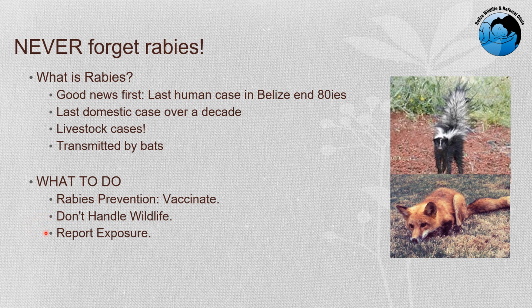If you have any exposure with any suspected rabid animal, then you would want to report it and raise awareness in this case. Animals to look out for would be, like I mentioned, bats, and any mammal species could be a possible candidate for rabies, especially mammals like skunks, foxes, raccoons. These would be mammal species that you would want to look out for.